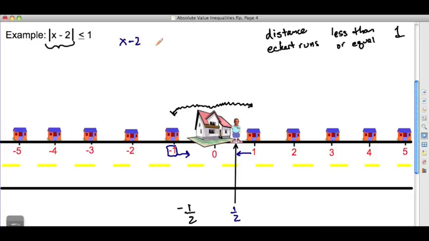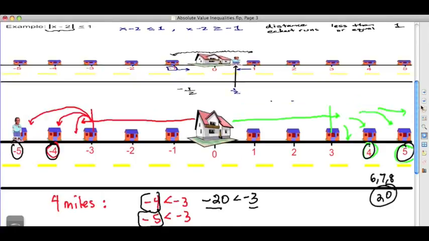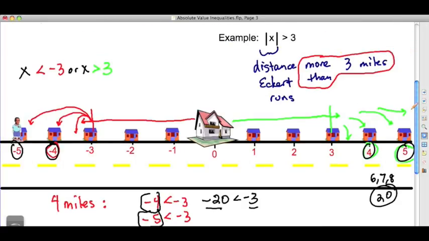So here's my possibilities. X minus 2 is less than or equal to 1. X minus 2 is greater than or equal to negative 1. And I hope you're noticing something about absolute value with inequalities.